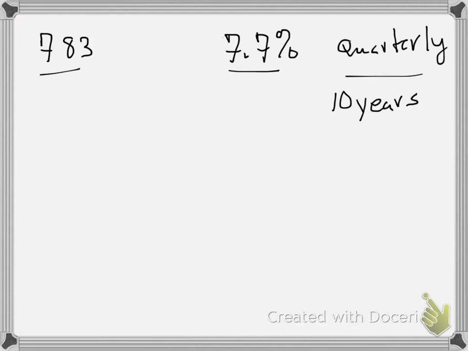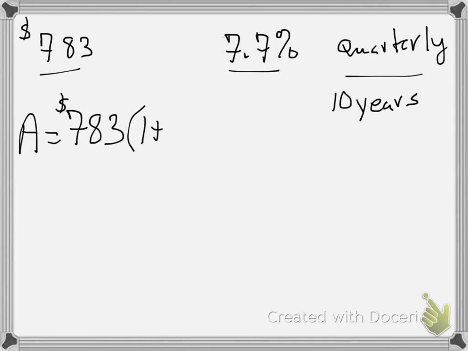So we get the compound interest equation out, and you want to know the amount. And that equals the principal. That's the $783 that you've got to invest. We multiply that by 1 plus, now the interest rate as a decimal is 0.077. And that's over the number of compoundings. Now for quarterly, that's 4 times a year. And we raise that to the number of compoundings times the number of years.